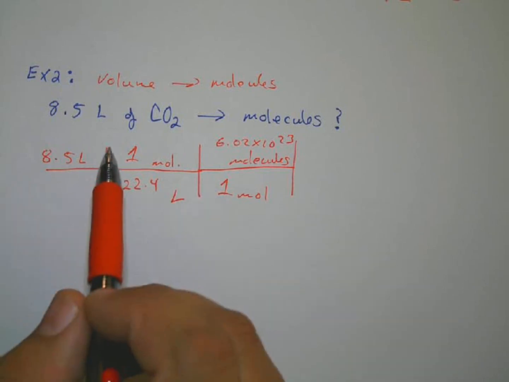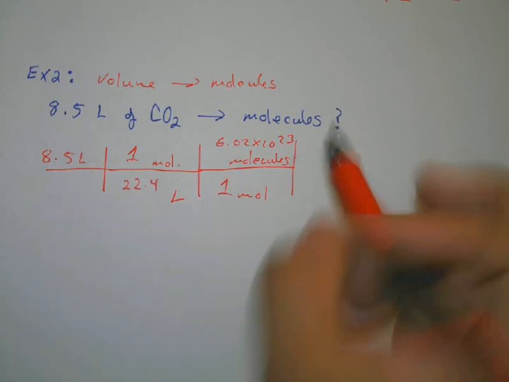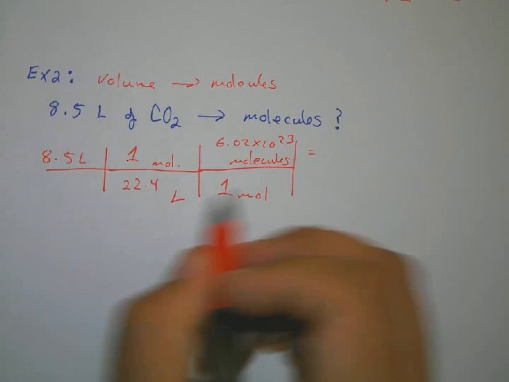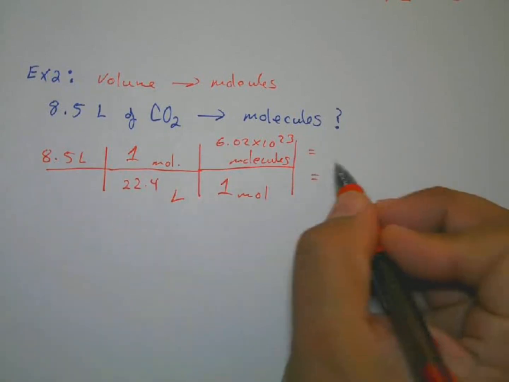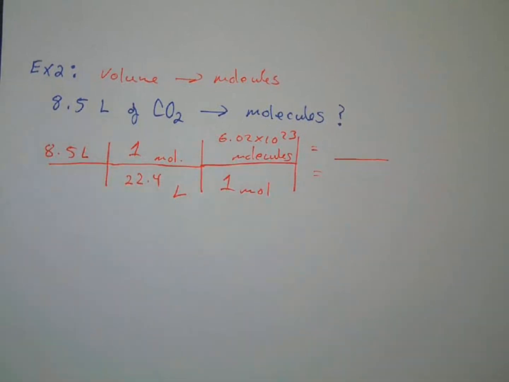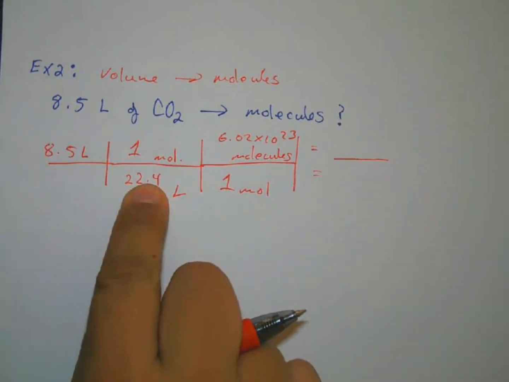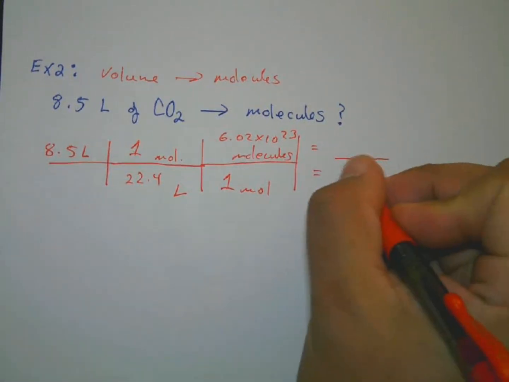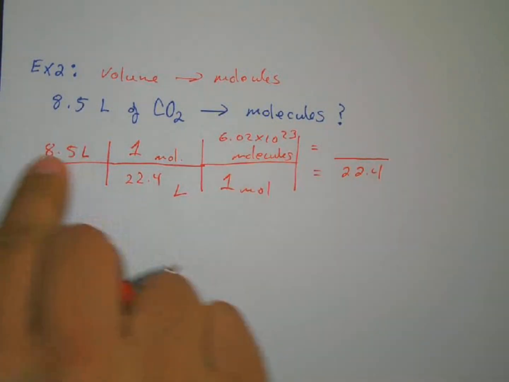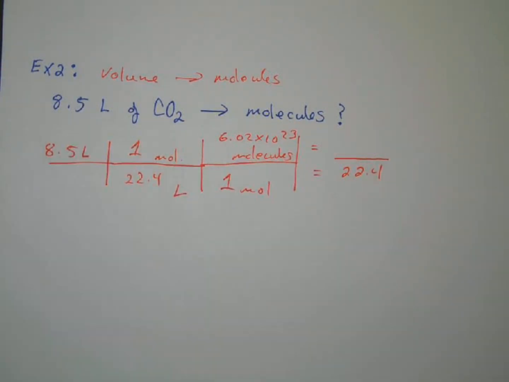So now, it's time to do the math. We're going to multiply the top together. We're going to get some number. We're going to multiply the bottom together. We're going to get some number, and we're going to divide last. So 22.4 times 1, 22.4. Now let me multiply the top together. Let me pull out my trusty calculator. Okay.